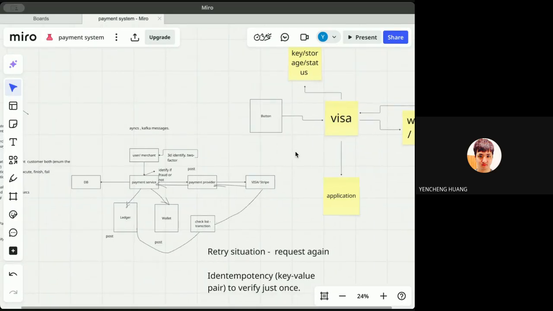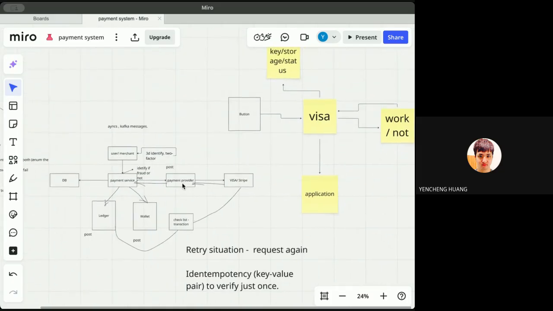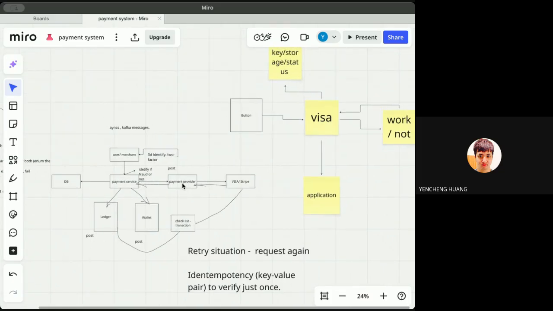And the Visa or the third parties give us tokens, which are called idempotent keys, to store in our payment service database. And if the Visa responds that it works, we update the idempotent keys, the payment is a success.